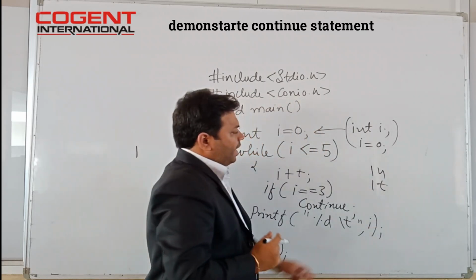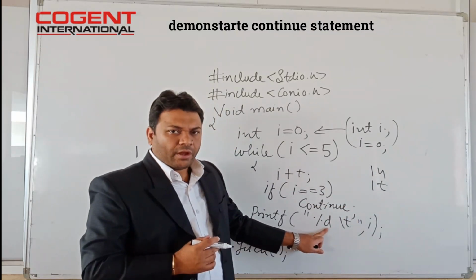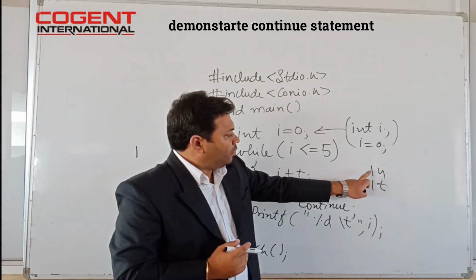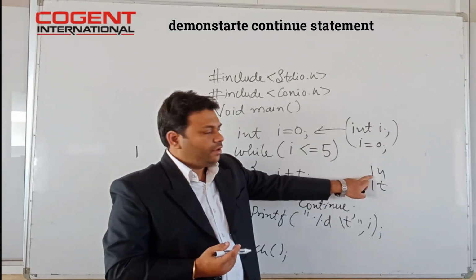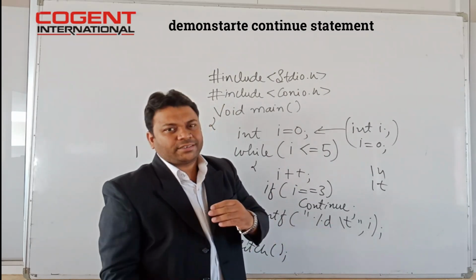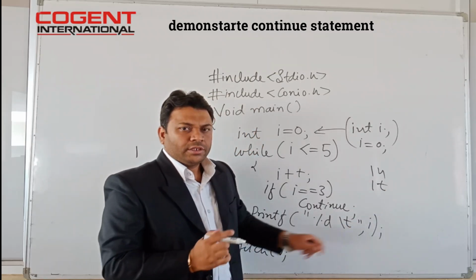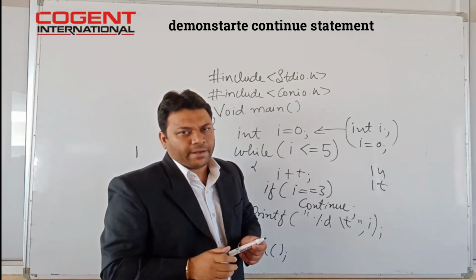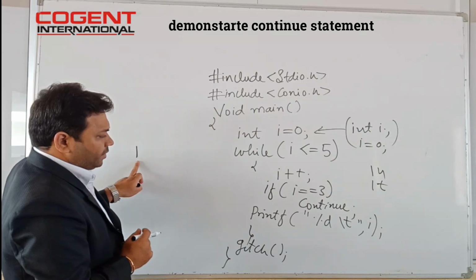Slash n indicates that when it is going to print the next number, it will print to the next line. Likewise, slash t indicates a tab, so it will give some space between the numbers. So it will print the value of i, that is 1.